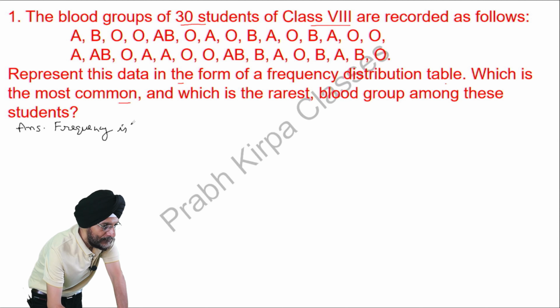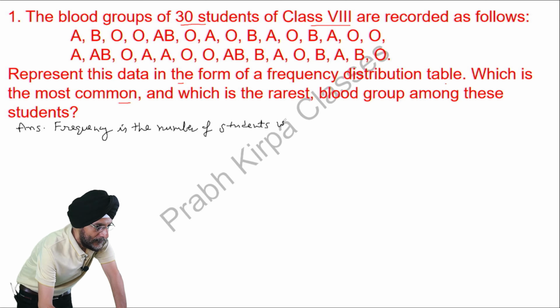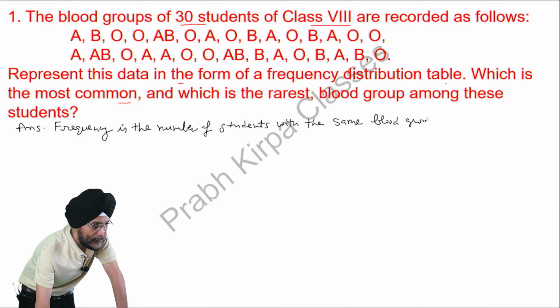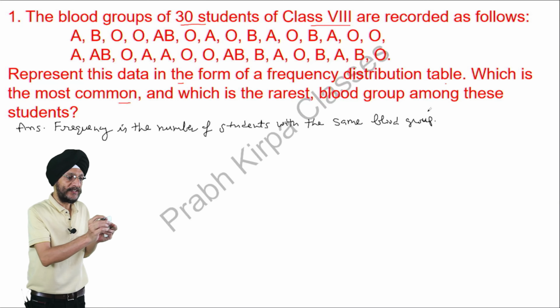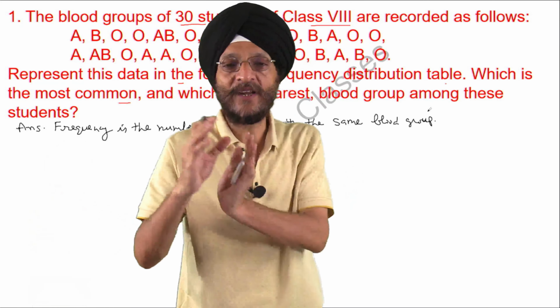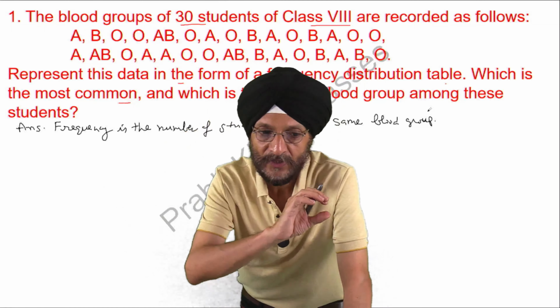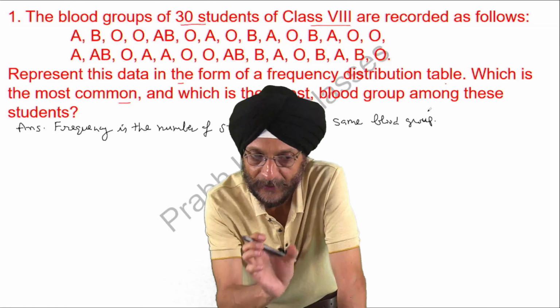Frequency is the number of students with the same blood group. That is, we will find out how many students have A blood group, how many students have B blood group, and we will form the same in the form of a table.